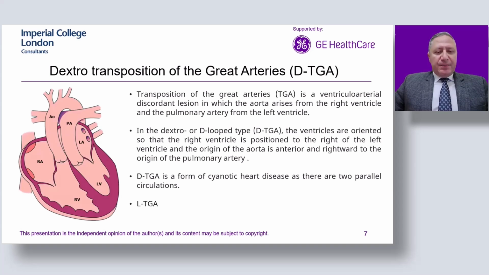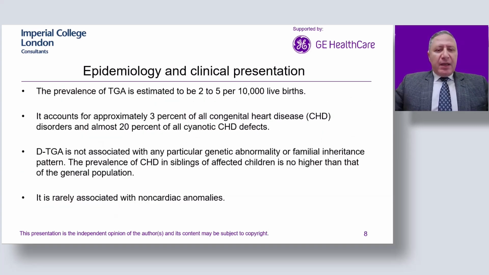The LTGA or the levo type of TGA can be discussed after the presentation, and it's very important to differentiate between both types. It is about 2 to 5 per 10,000 live births. It accounts for approximately 3% of all congenital heart diseases, and almost 20% of cyanotic heart defects.